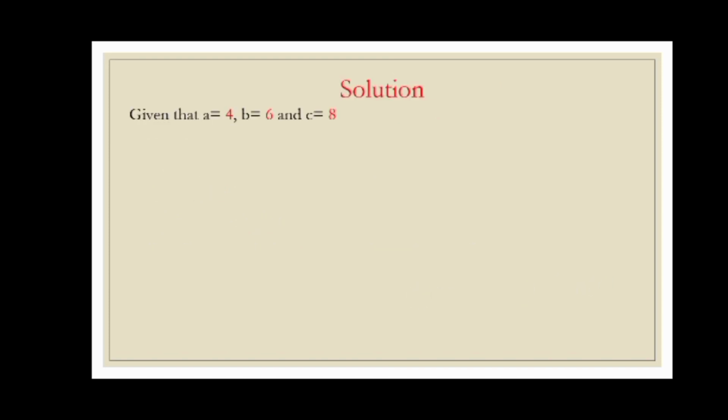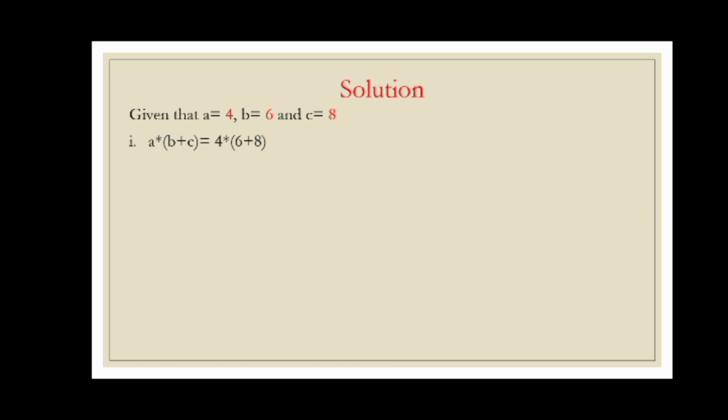Good. Okay, so we're given A to be 4, B to be 6, C to be 8. Let's start with our solution. So the first question is asking us to find A star (B plus C). Our A from the question is 4, our B is 6, our C is 8.